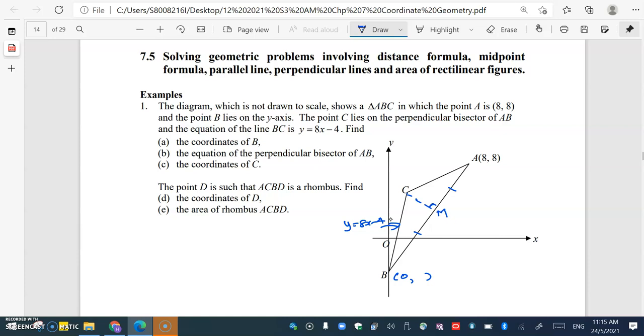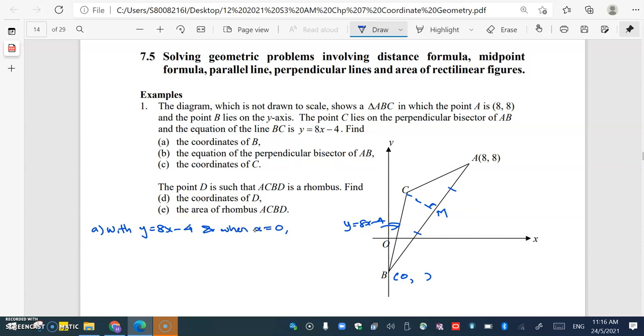At the same time, the equation of BC is given as y equals 8x minus 4.